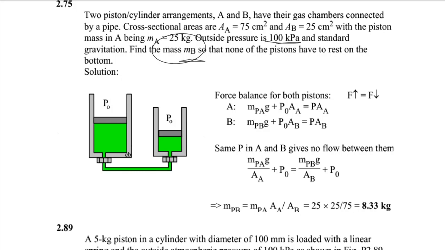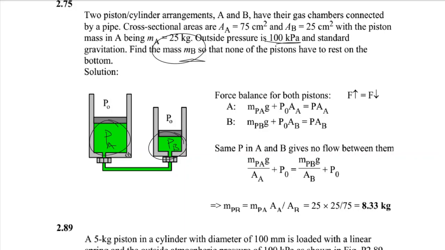That also means we have to find the condition in which the pressure inside cylinder A and cylinder B are equal. If the pressure inside this cylinder is equal to the pressure inside this cylinder, it will be balanced, and none of the pistons would be resting on the stop.